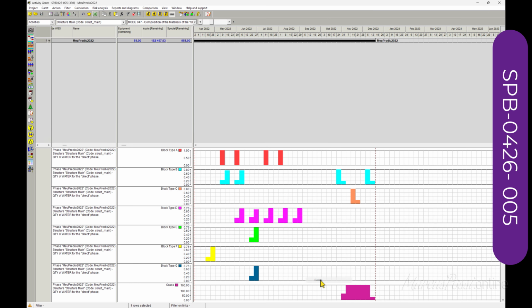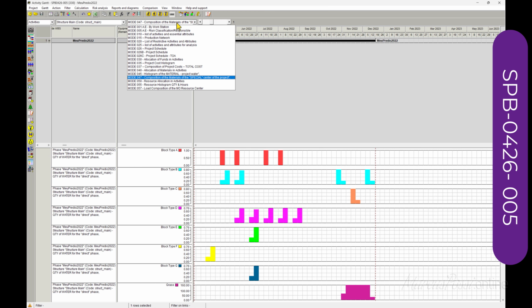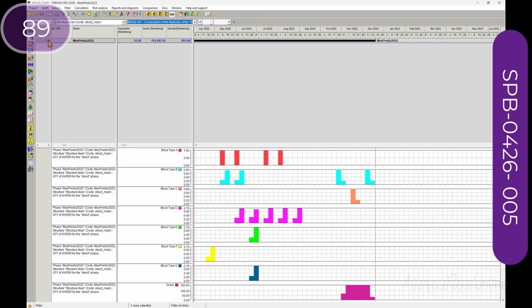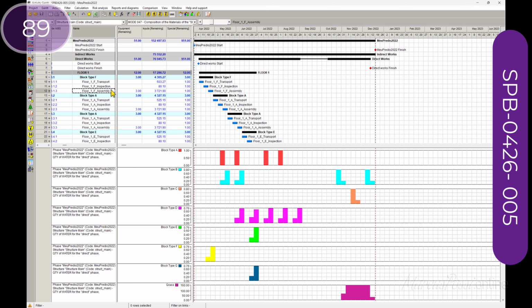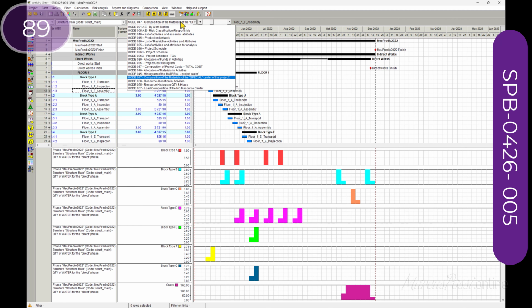Sorry, I was not paying attention. 1, 2, 3, 4, 5, 6, 7 blocks and grass. Okay, composition of materials. Composition of materials seems to be done, but remember not to apply and assign blocks to every activity, just for assembling activities.